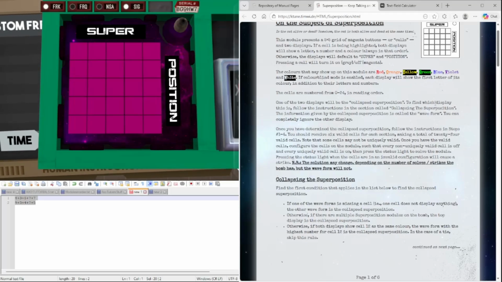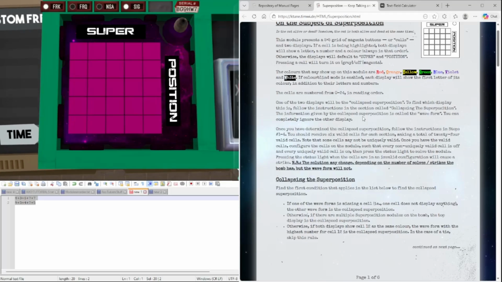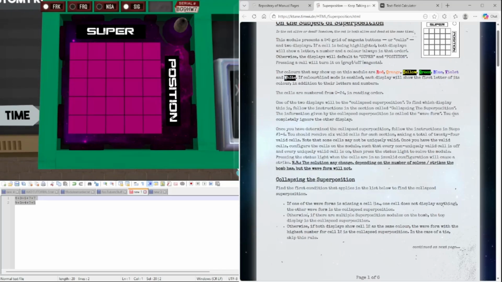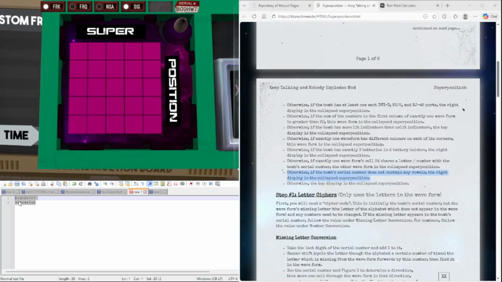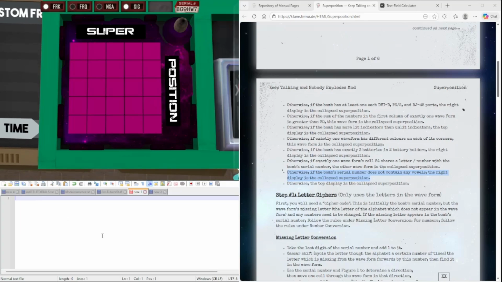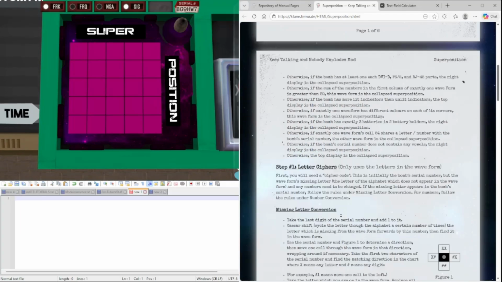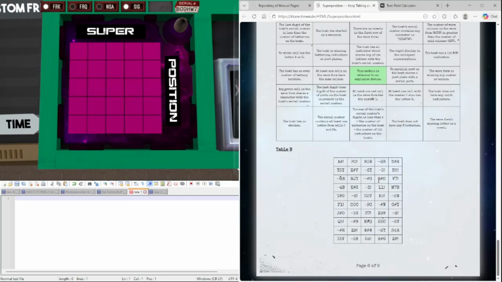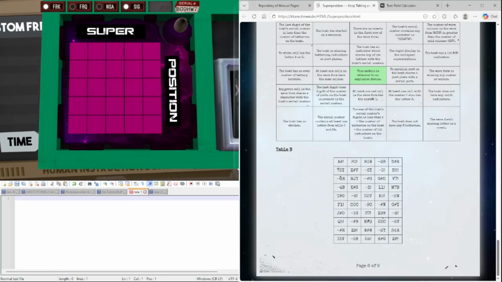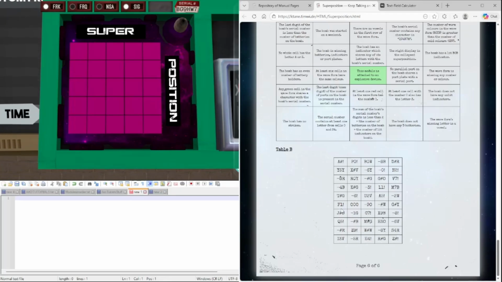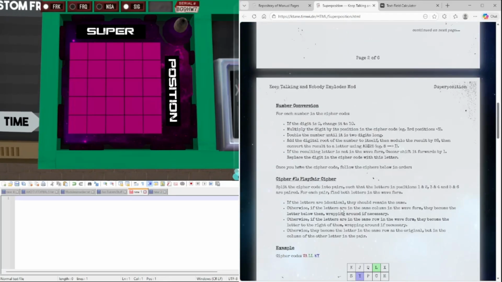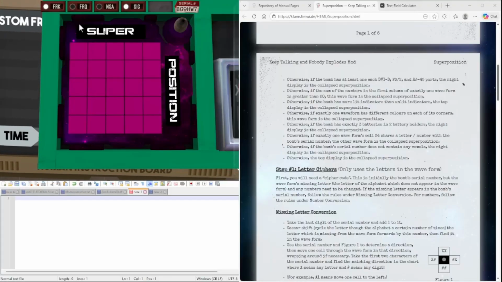The collapse superposition displays the information given by this position, and we can completely ignore the other display, so we're looking at the right display. The way this is ordered is letter, number, colour, I think. Yeah.